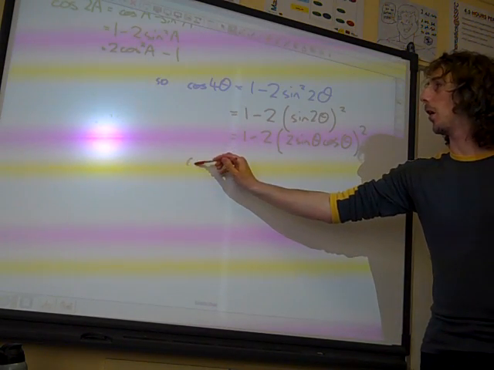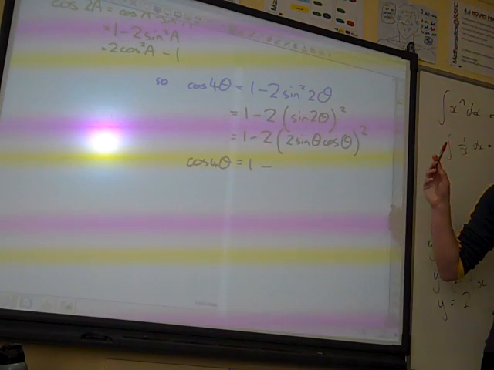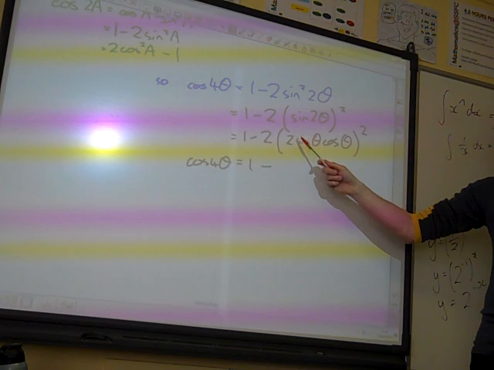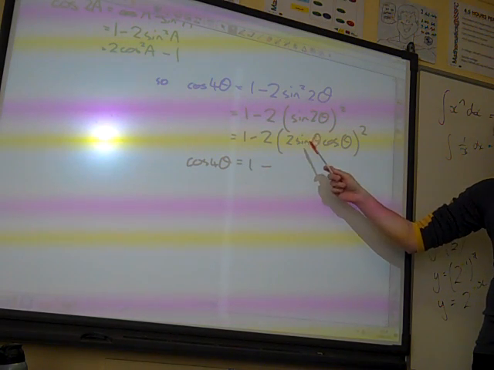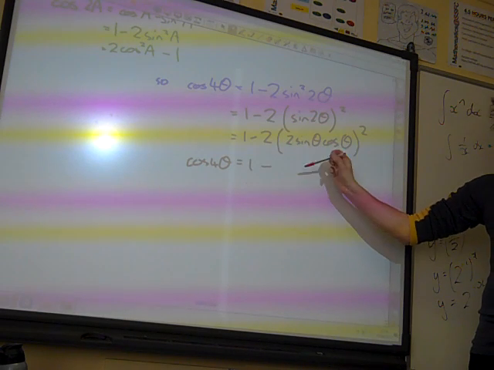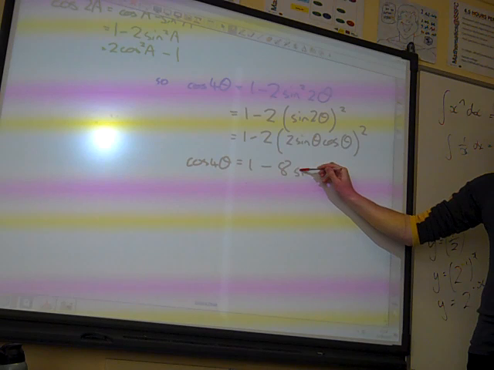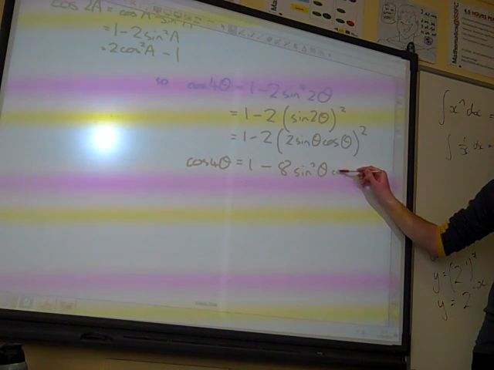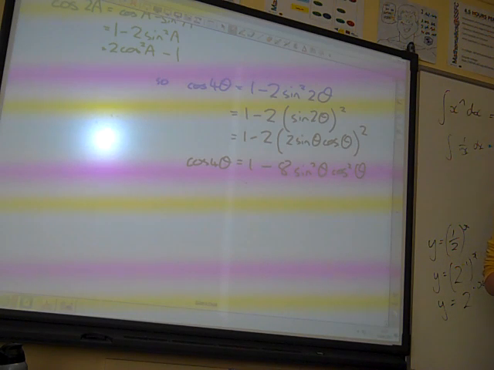So cos 4 theta is also 1 minus, oh, hang on, the 2 inside the square bracket is a 4 actually, isn't it? 2 squared is 4, doubled, so that's an 8 there. Then we've got sine squared theta cos squared theta. And that matches what we were looking for, with k being 8.